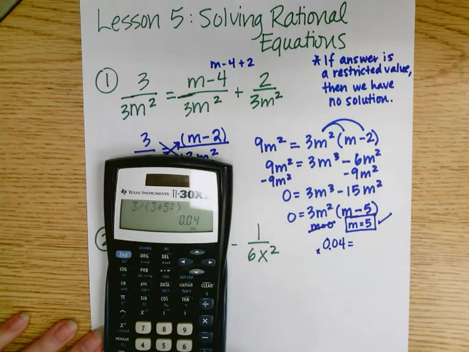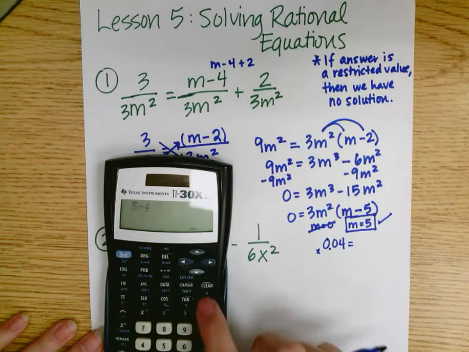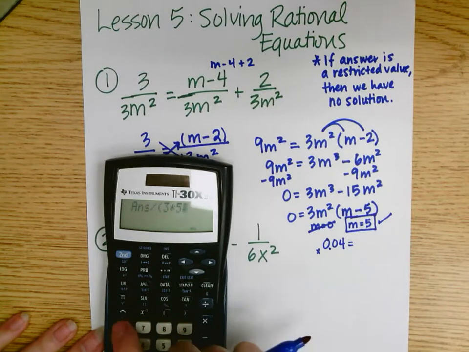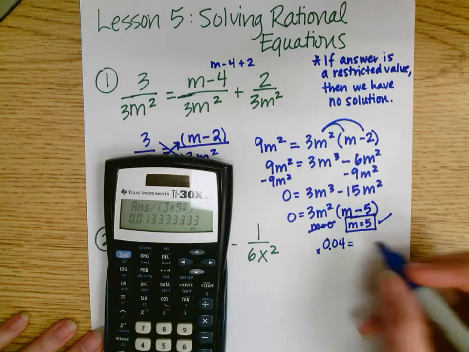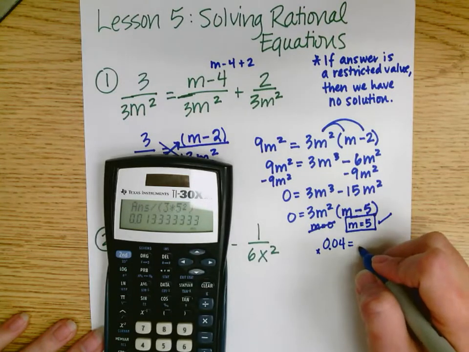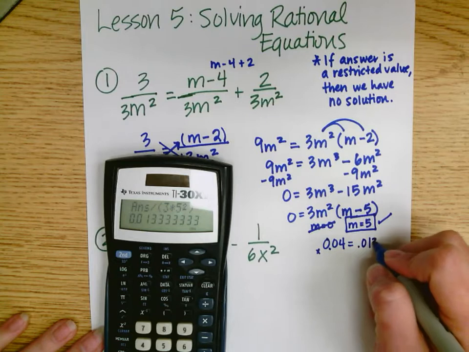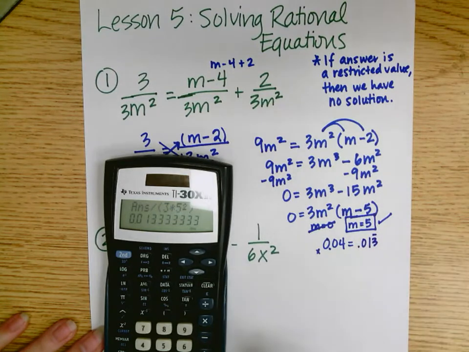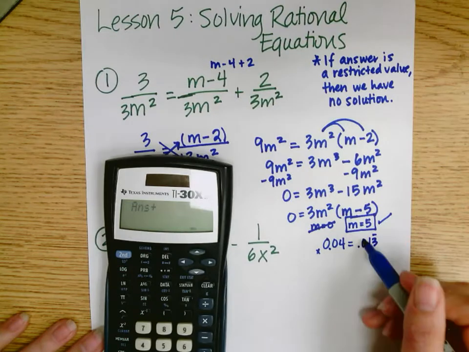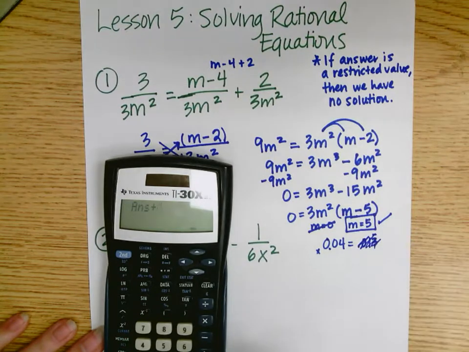And then if I do 5 minus 4 and divide that by 3 times 5 squared, I get 0.013 repeating. And if I add to that 2, well, I'm just going to add it together, 2 over 3 times 5 squared.